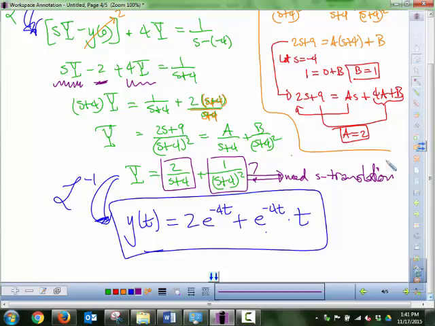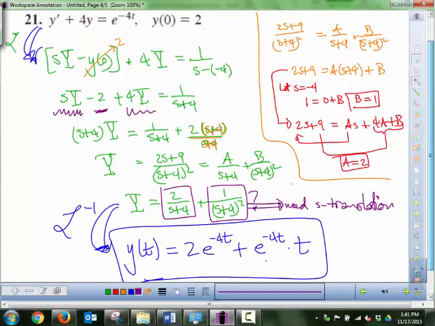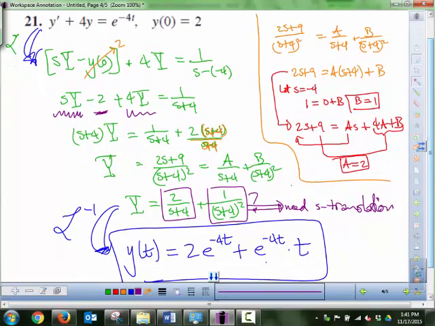Yeah? Is there any way to check your answer without solving the differential equation? I don't know. One check that's not going to be enough is to check the initial condition and make sure it works.